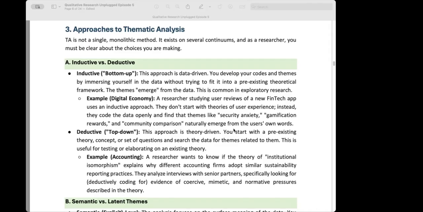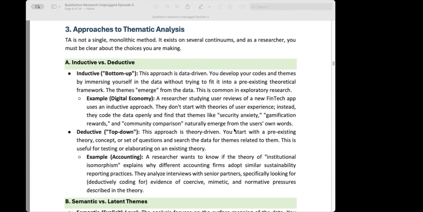Okay, so in the field of accounting, for example, a researcher might want to investigate if the theory of institutional isomorphism, which suggests organizations become similar by mimicking each other due to various pressures, explains why different accounting firms in a region are adopting strikingly similar sustainability reporting practices. A very relevant topic. Right, so they would analyze interviews with senior partners, specifically looking for evidence of the 3 types of isomorphic pressures described in that theory.